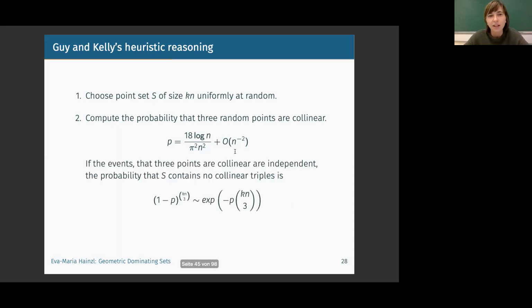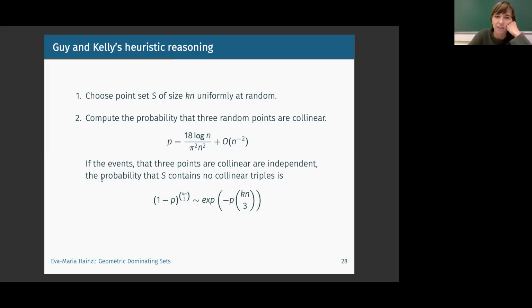And then they say, well, if the events that 3 points are collinear are independent, so if you've never had a course on probabilistic combinatorics or probability, events that are independent, intuitively, essentially say that one thing happens and it has nothing to do with the other thing happening. So if this is the case, then the probabilities are just multiplied. So the probability that both things happen is just the product of the probabilities.